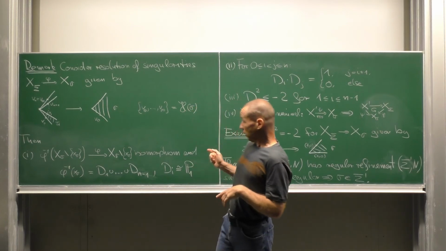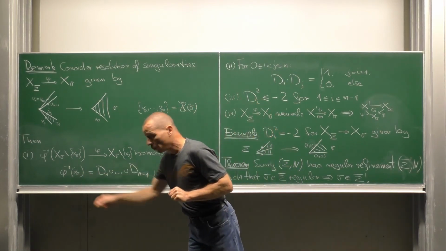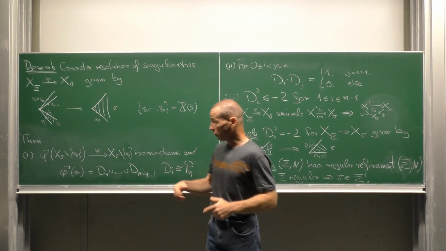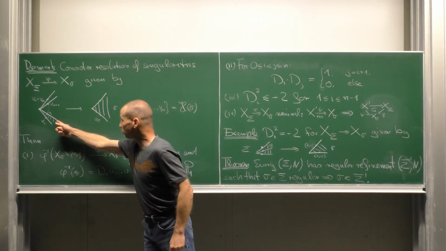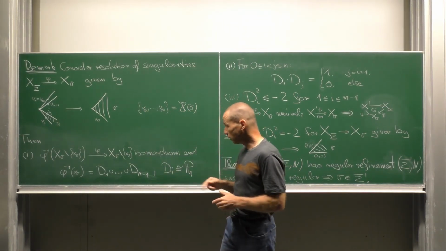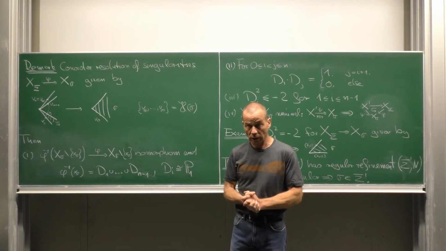Moreover, the fiber over the singular point is the union of the toric prime divisors corresponding to the rays ρ1 up to ρ_{n-1}, and each of these divisors is a projective line.